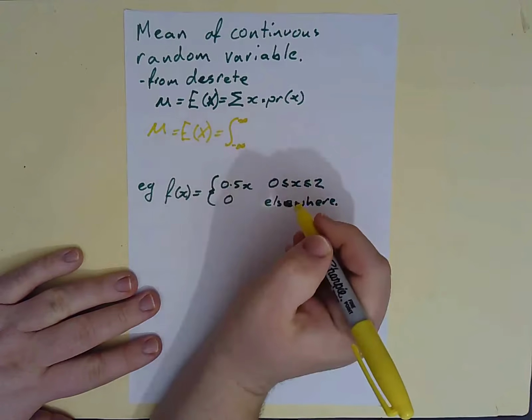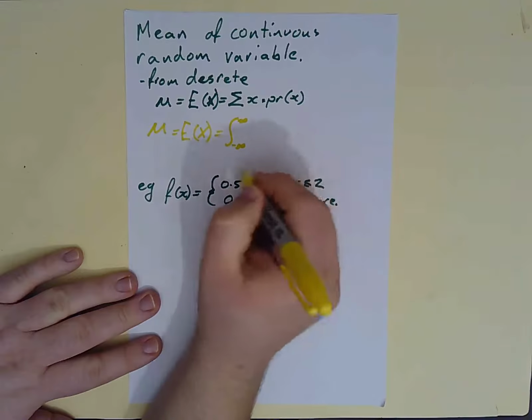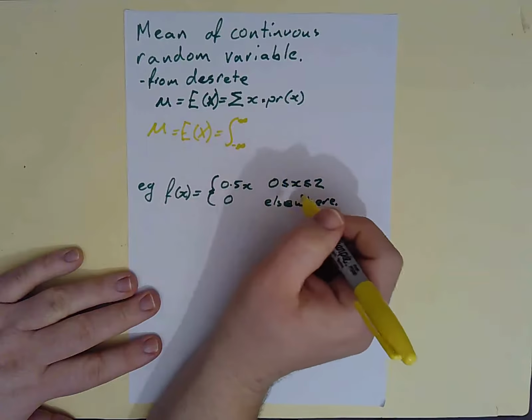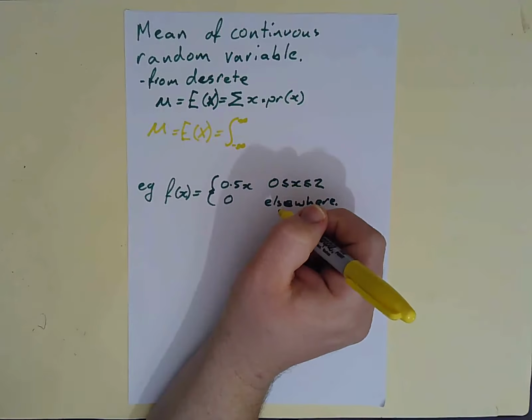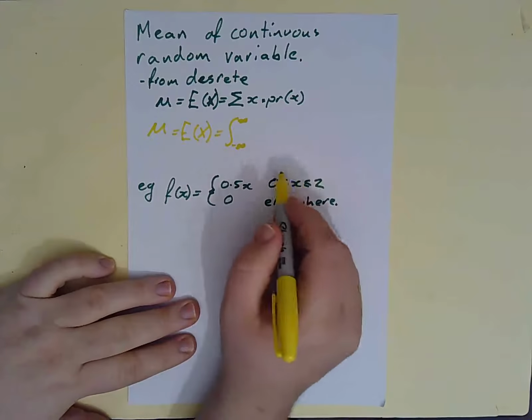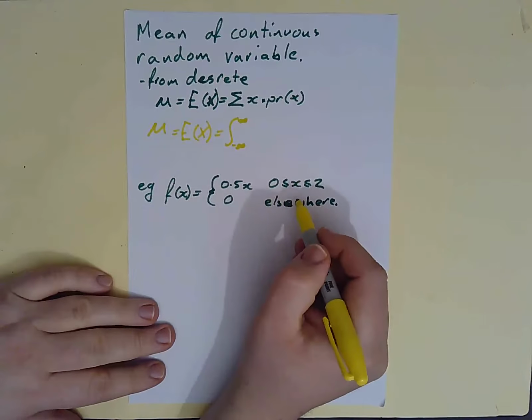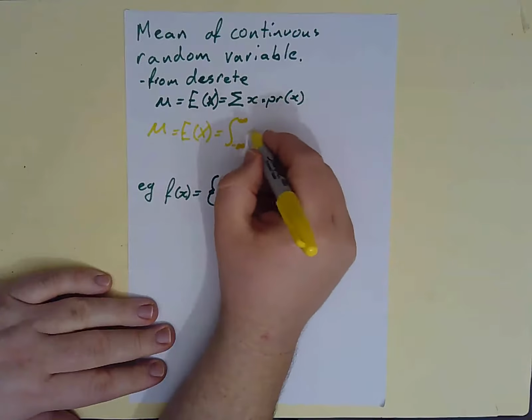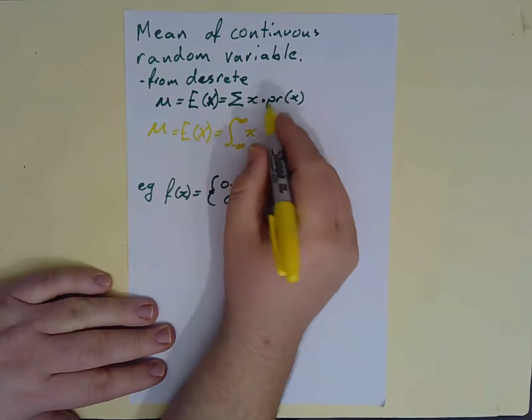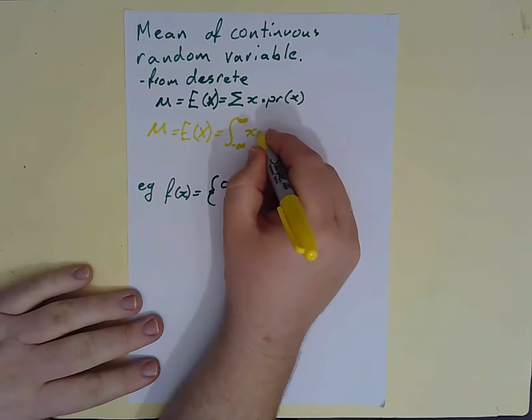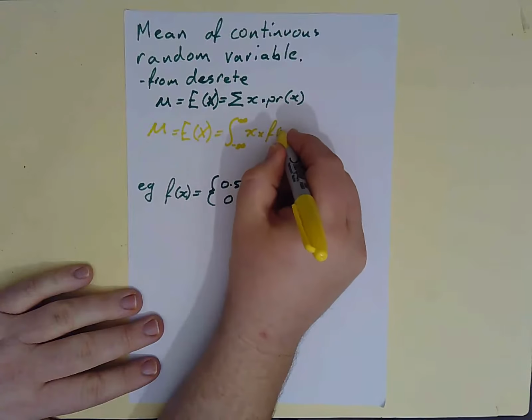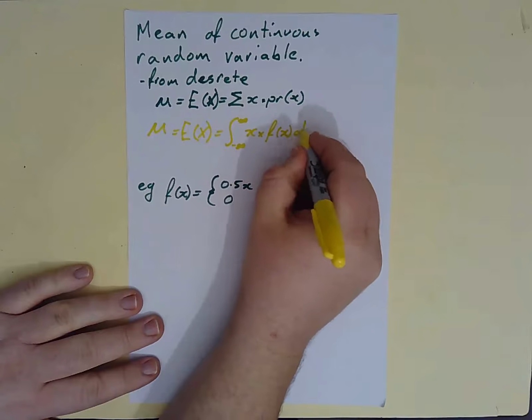In a practical sense, we only have to worry about the upper and lower bounds that are relevant for this question. So if we look at the question below, which I'm about to do, that would be 0 to 2. And then we're going to do, again, the value times the probability. And in this case, our probability is the function.